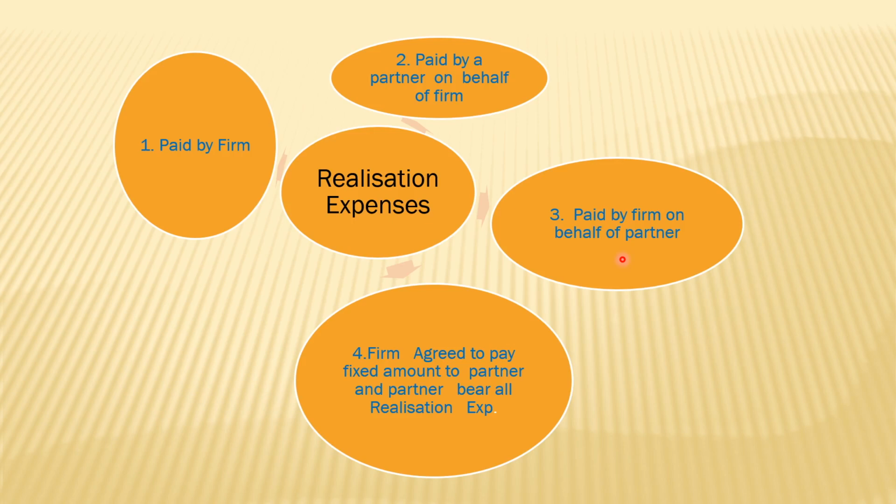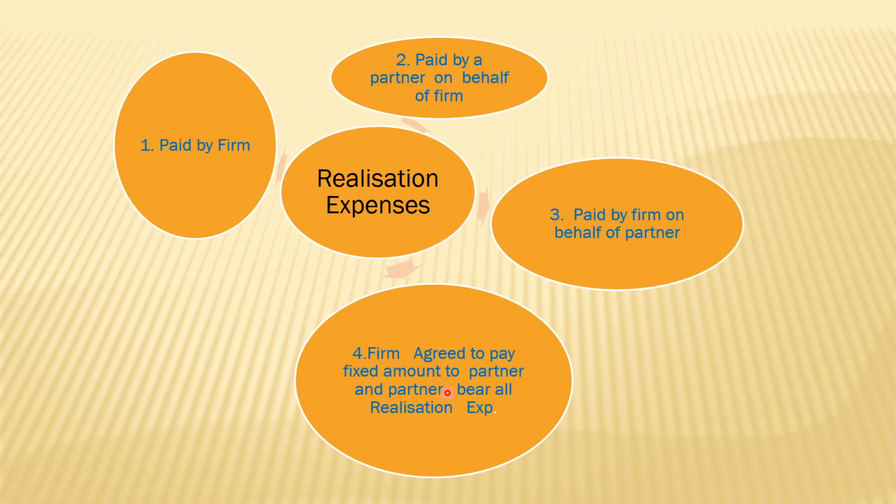The last situation. There is an agreement between the partner and the firm that the firm agreed to pay a fixed amount to a particular partner, and the partner has to bear all the realization expenses. For example, X, Y, Z are three partners.